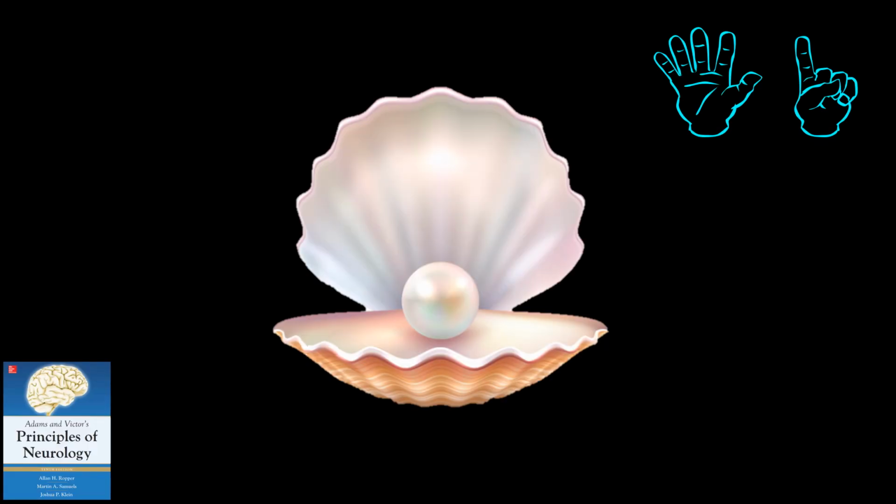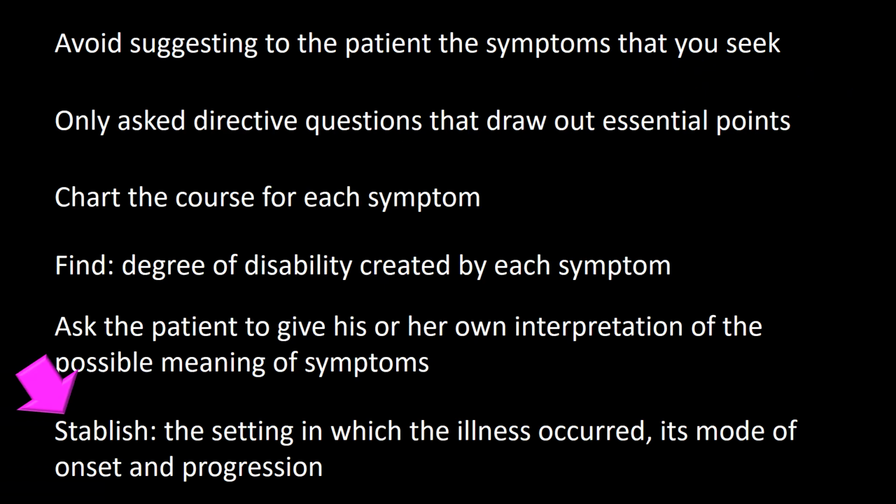As you recall, the last pearl regarding history taking in Principle of Neurology had three components. Establish the setting in which the illness occurred, its mode of onset, and progression. It is mainly with the last two of these elements that an illness profile hypothesis is developed.